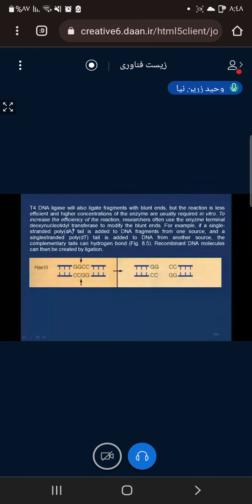Please write this information in your notebook, and please note the application of deoxynucleotidyl transferase for the efficiency of joining two DNA strands in biotechnology.